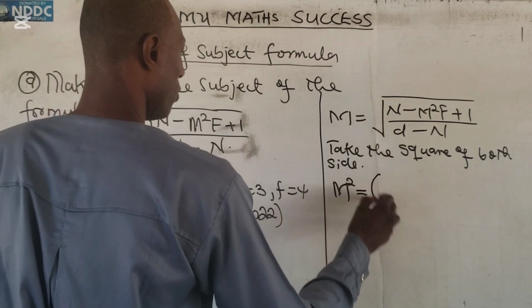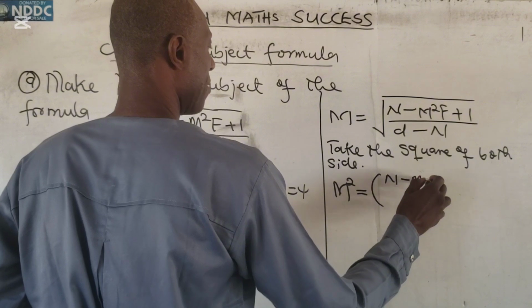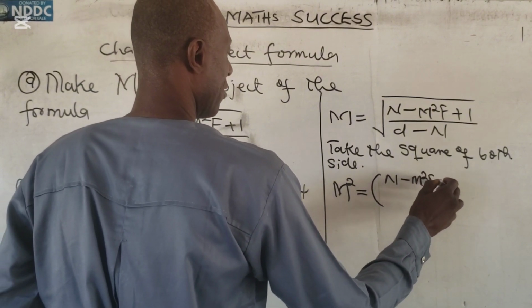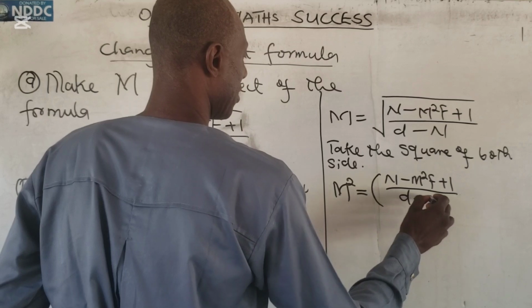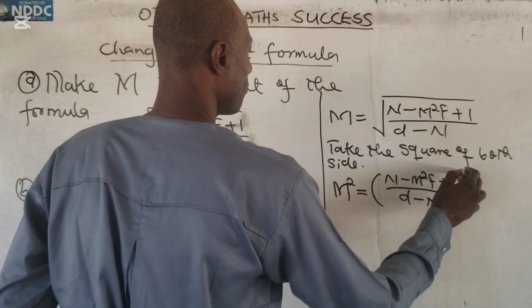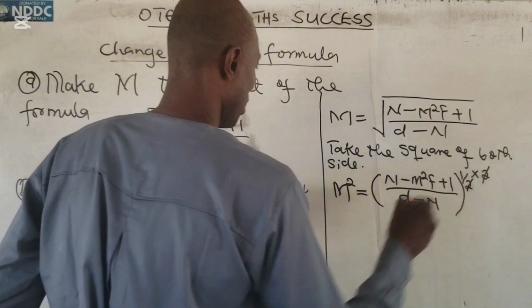is equals to N minus M square F plus 1 over D minus N. Raise up the square root, then you square it. This will cancel this.